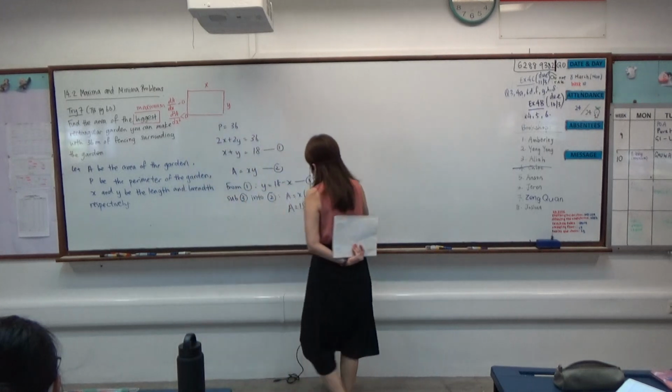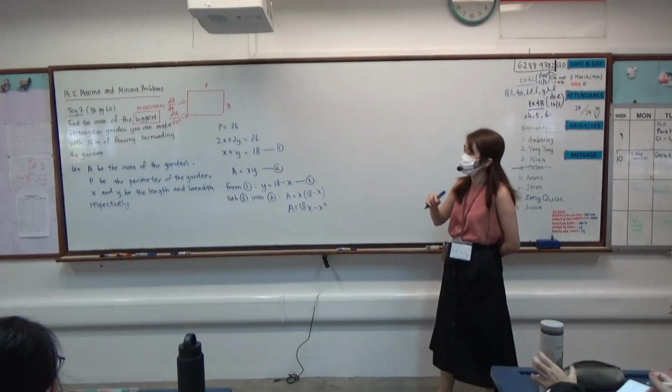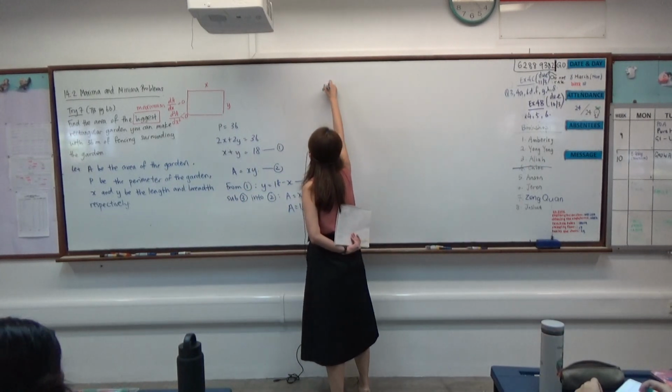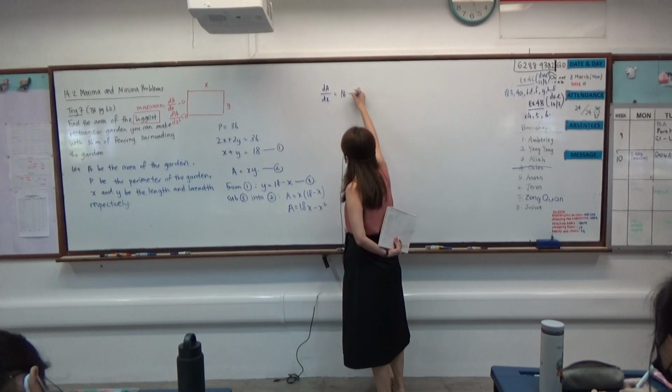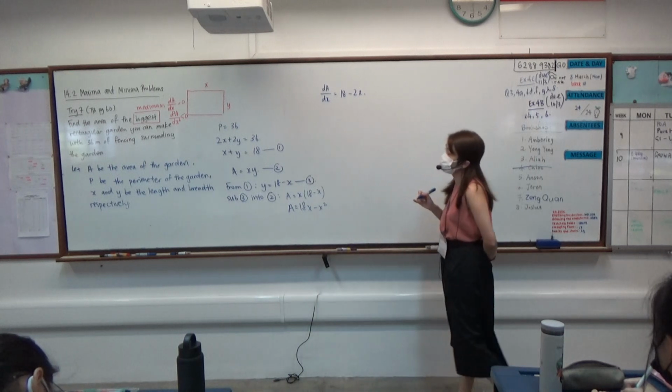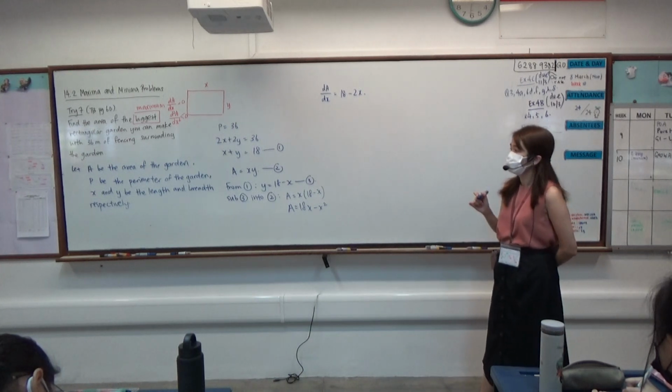So now that we have A is equal to 18x minus x squared already, we find the first derivative. That will give us 18 minus 2x.